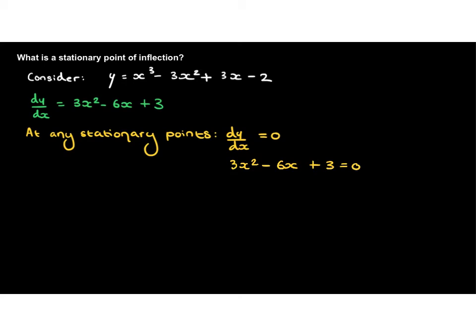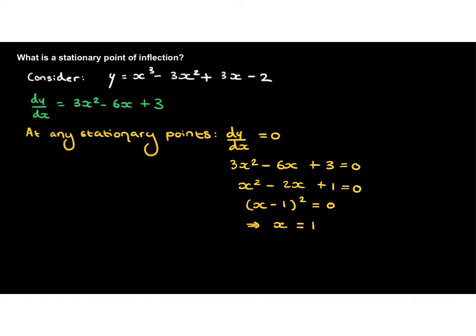Let's divide all three terms by 3. So this gives me x squared minus 2x plus 1 equals 0. And this then factorises very easily to give me (x minus 1) squared equals 0. So I get x equals 1.